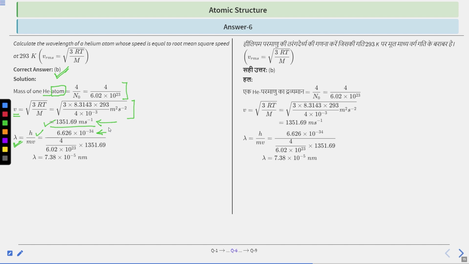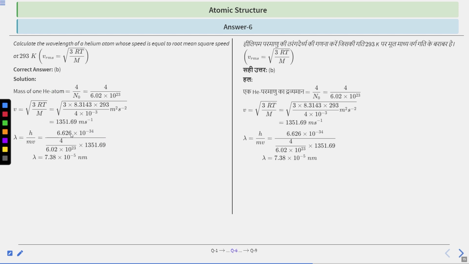On solving this whole fraction, we have lambda, or wavelength, equal to 7.38 into 10 to the power minus 5 nanometer. So this is our final wavelength, and thus option B is the correct answer.